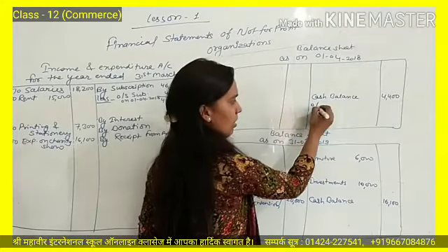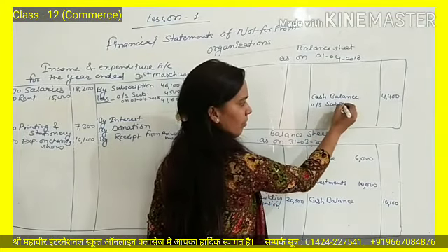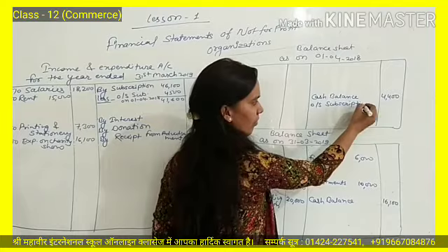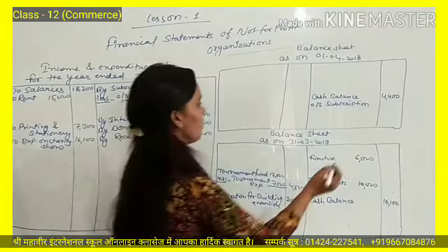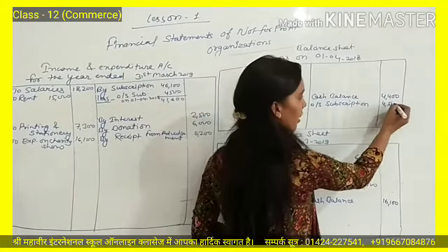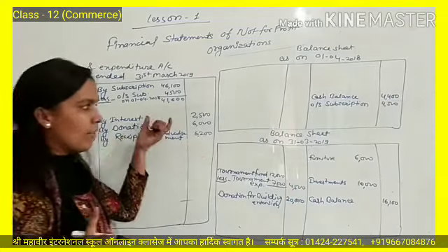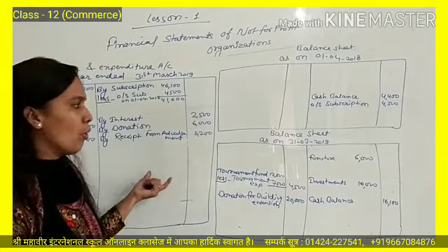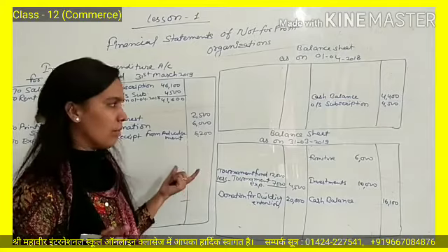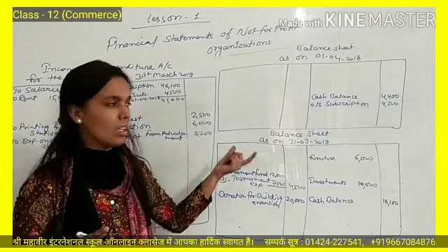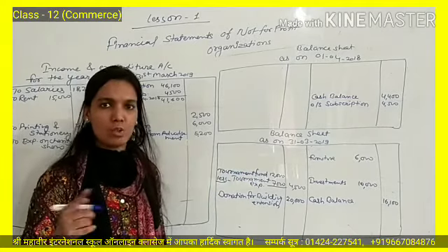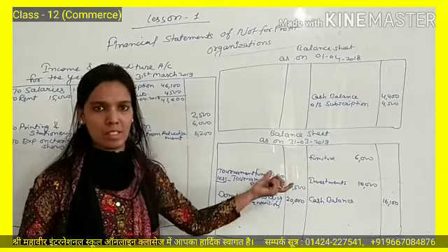So outstanding subscription amount is 4,500. Try to remember this point: every additional information will be shown on two sides, meaning it has double entry. Every additional information has two aspects, it will be shown in two places.